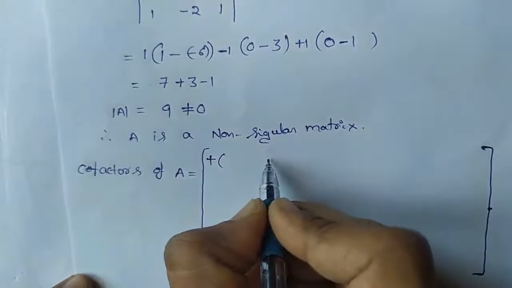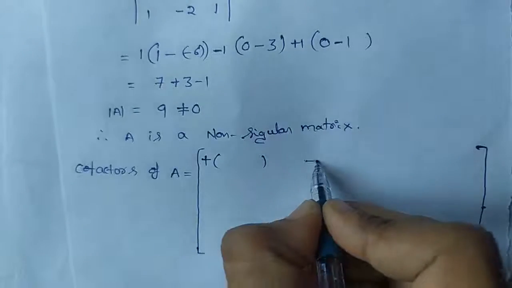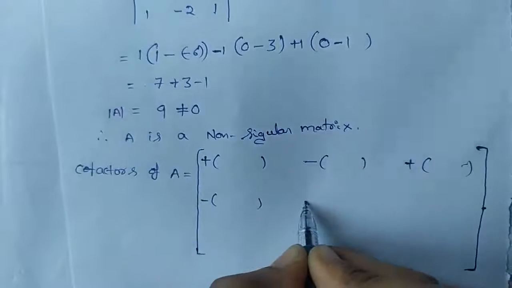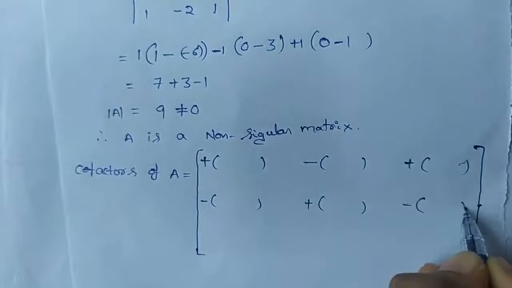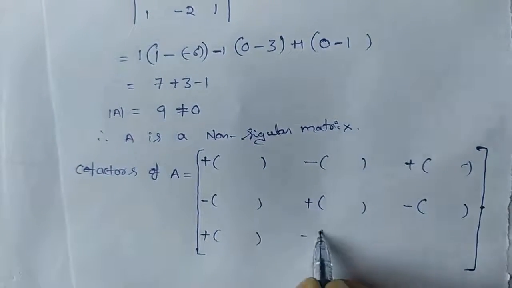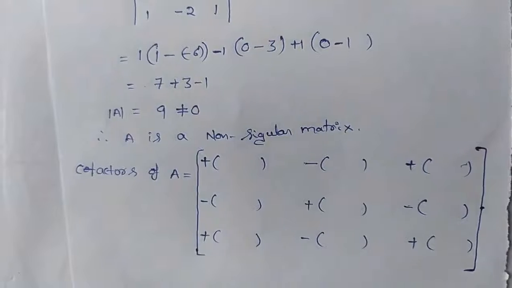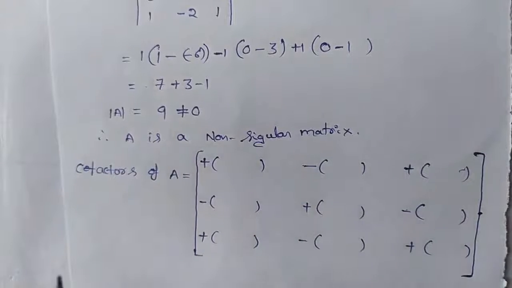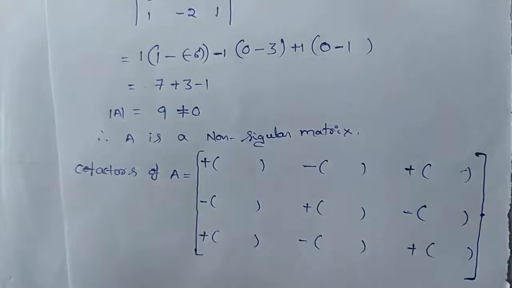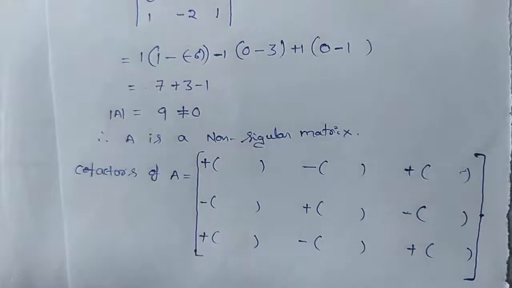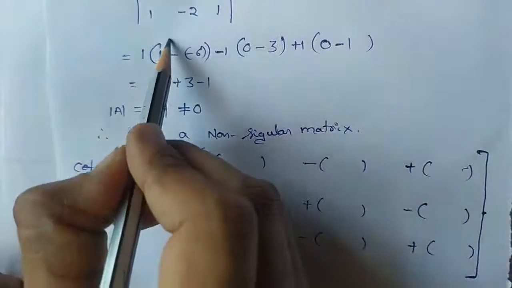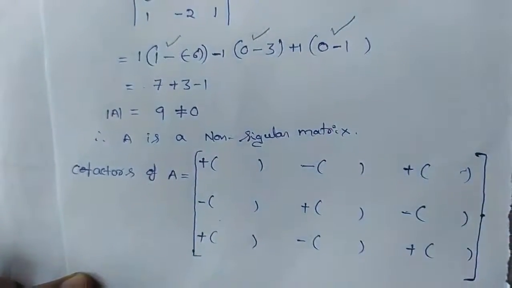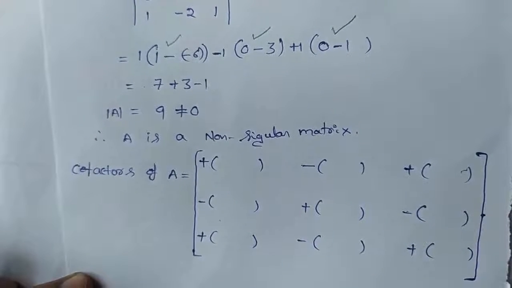First write plus, next minus, again plus, next minus, plus, then minus, next plus, then minus, next plus. Blindly you can write what we have simplified in the determinant inside the brackets: 1 minus −6, 0 minus 3, 0 minus 1. Simply write those simplifications in the cofactors.